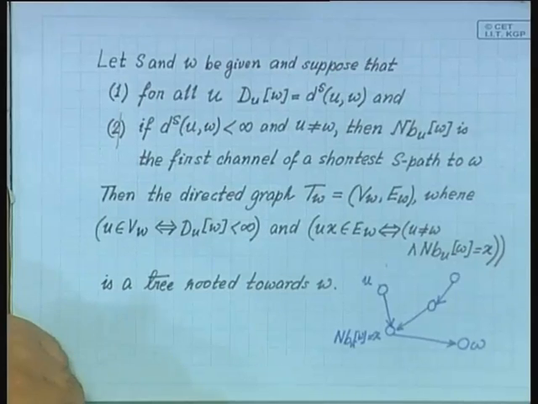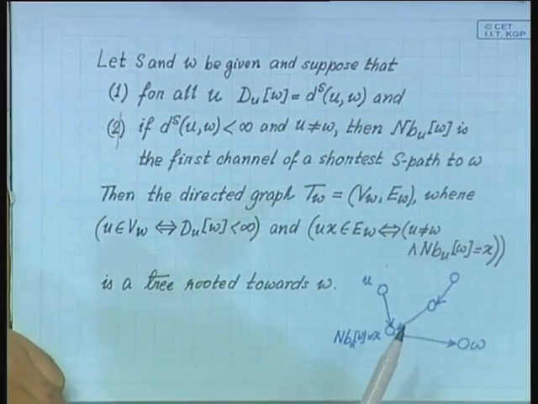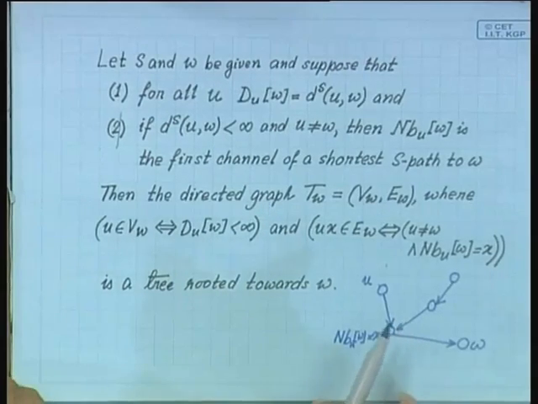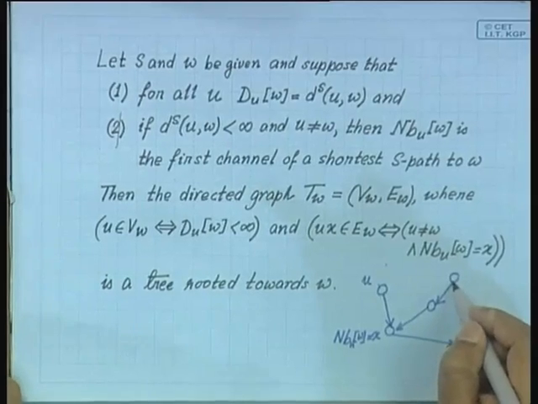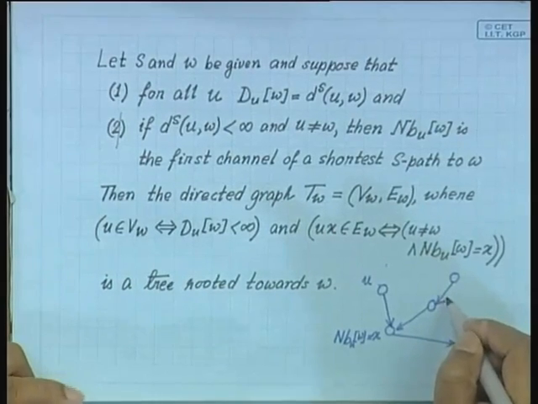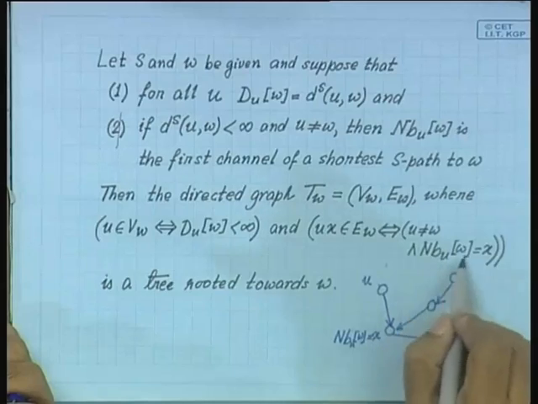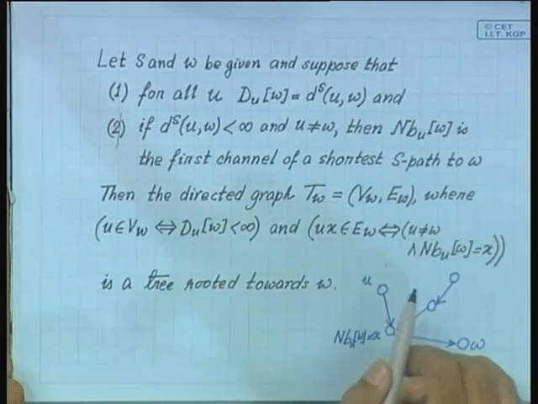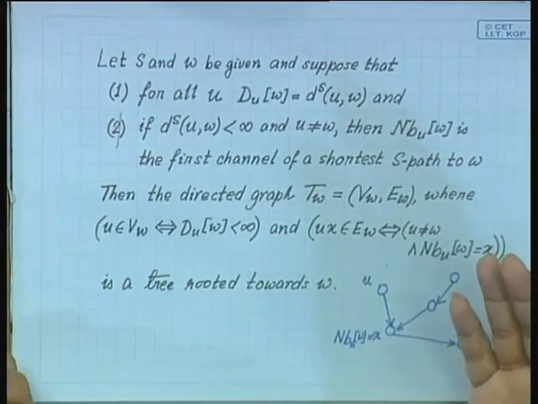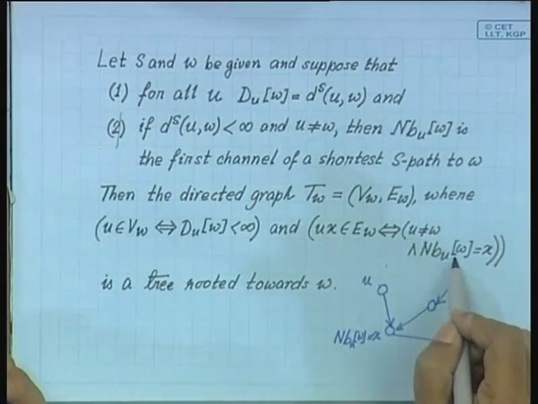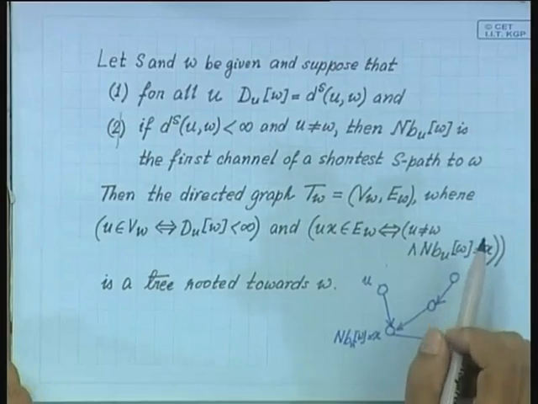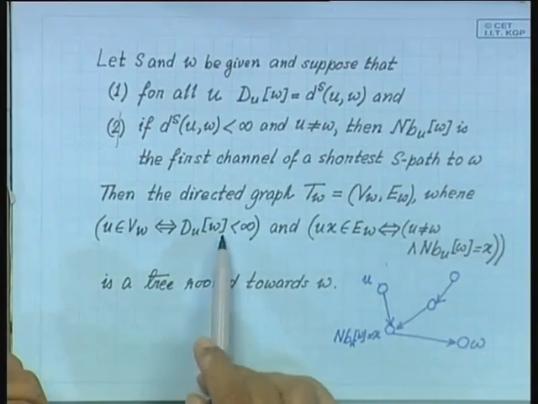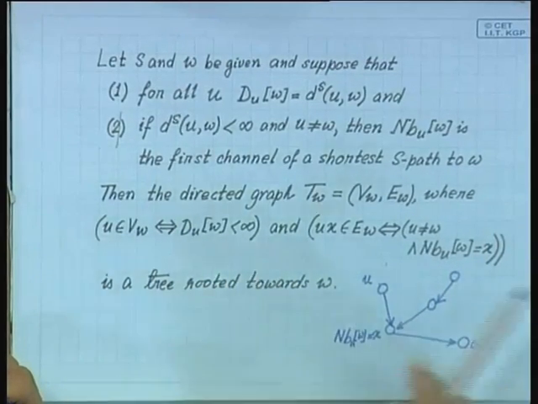okay. Now, try to understand why that is going to be a tree. First of all, every node has only one neighbor, because NBUW is a single number, right. NBUW is some single value. So, no node can have more than one NBUW, alright, and every node which has DUW less than infinity will have such a neighbor.